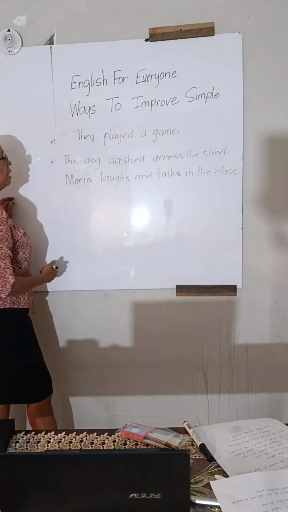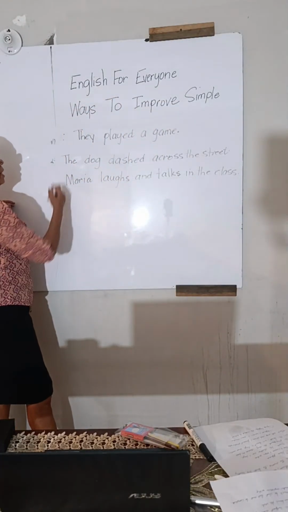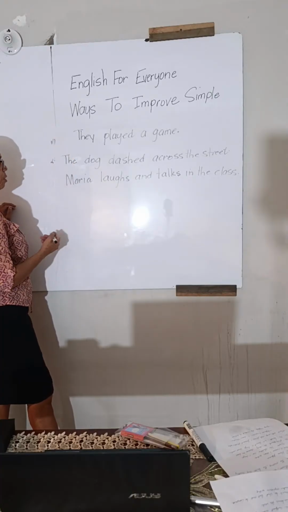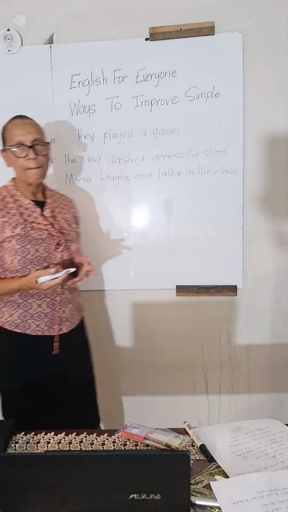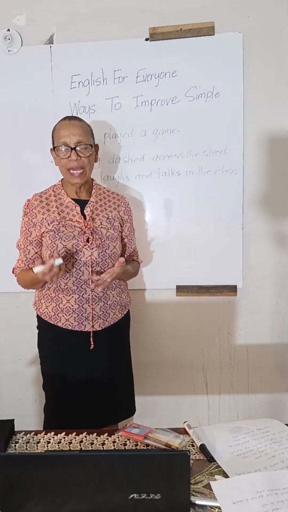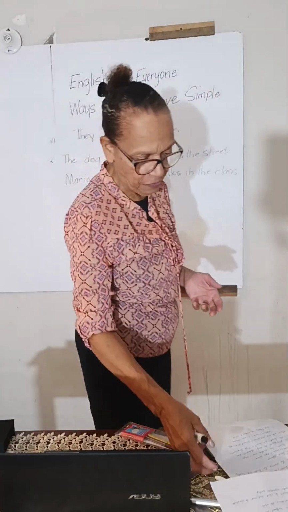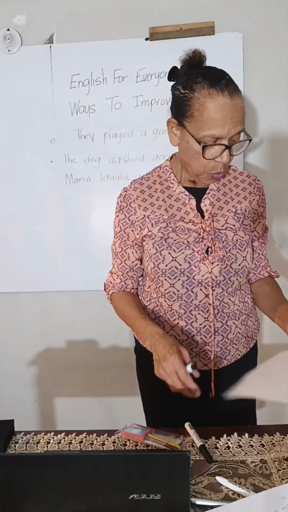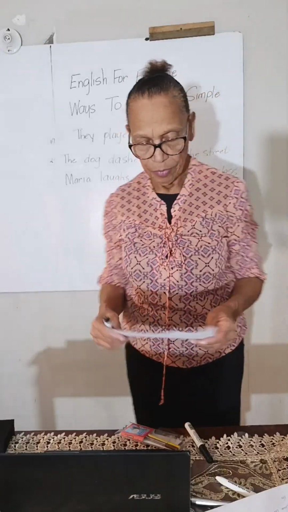They played a game. How could we? What could we do? Remember, we said we could put adverb of place, adverb of time, adverb of manner. We could do all of that. All right.